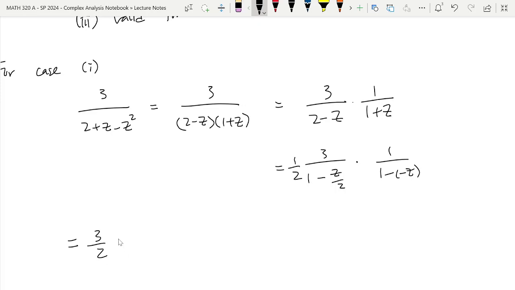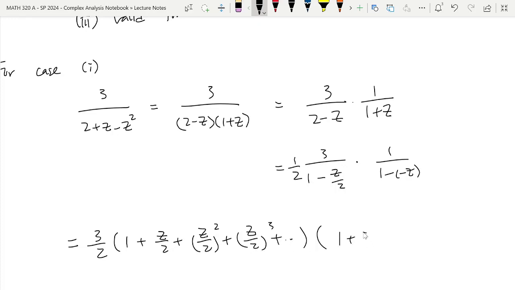Okay, but at least the power series we're multiplying isn't that bad.